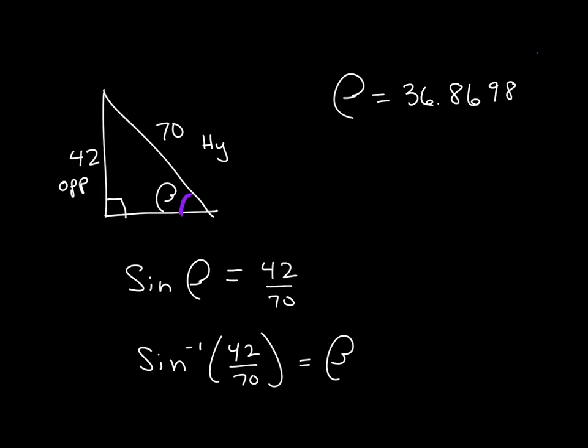Be careful with this one, with rounding, because if I'm looking at the third decimal place here, that would round up one more, which would be 10, which changes this into rounding the next decimal place up, which gives us that angle beta is equal to 36.87 degrees.